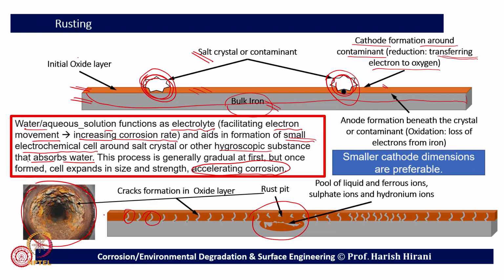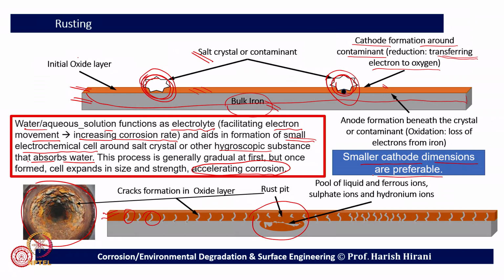So, in this case it is not linear, but it is going to increase rapidly. Why rapidly? Reason being that slowly the cathode area is going to increase significantly, and the anode area is going to reduce. We will explain later in the slide with an example what the impact of that really is, but for the time being we can say the smaller cathode dimension will always be preferable.